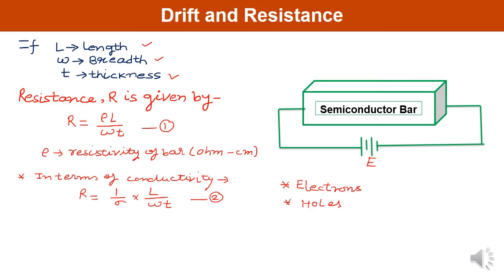So here you have written two different formulas of R. One is in terms of the resistivity of the bar and the second is in terms of the conductivity.